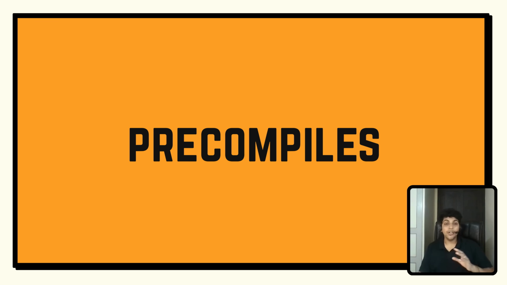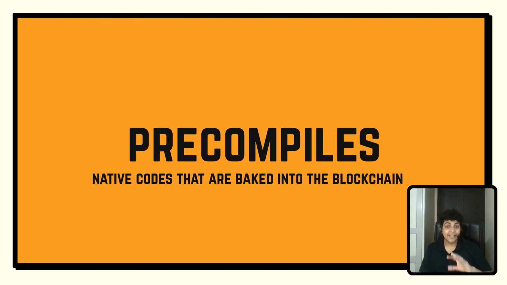Now, enter precompiles. Now, these are not your usual smart contract. You see, instead of being deployed bytecode that is interpreted by the EVM or other virtual machines, precompiles are basically native code that is baked directly into the blockchain. Think of them as shortcuts or cheat codes that skip the VM entirely and run super fast optimized functions.